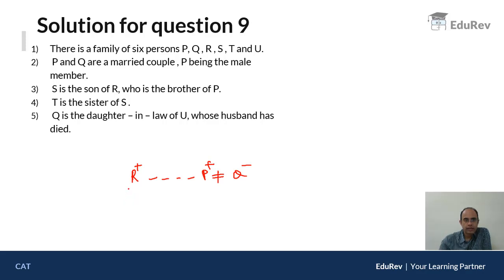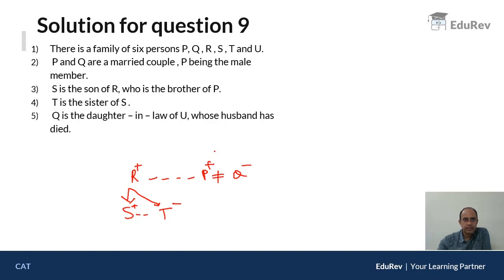He has a son S. Son, so male. T is the sister of S. It means R has one more child, T, and she is the sister, so female.